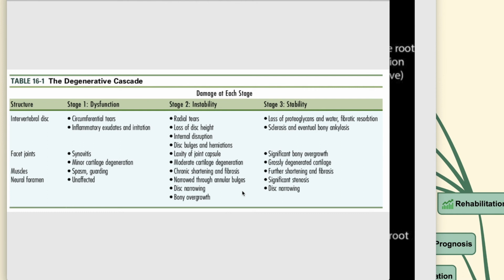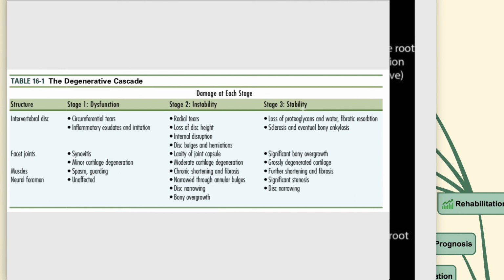We have discussed extensively the stages of stability, but generally for the degenerative cascade, the stages of instability can be divided into several stages, starting from the dysfunction stage, where there is only some inflammatory irritation around the vertebral disc with only minor changes at the facet joint, moving on to the stage of instability, where there is already chronic shortening, fibrosis and also moderate cartilage degeneration at the facet joint.